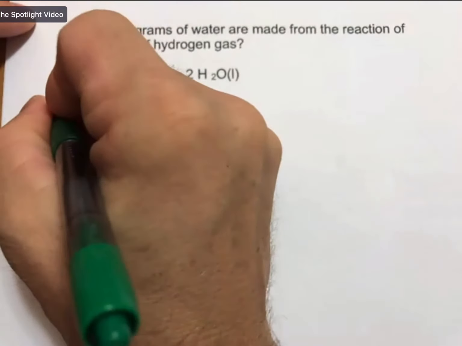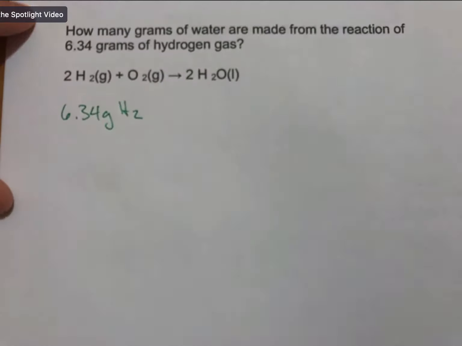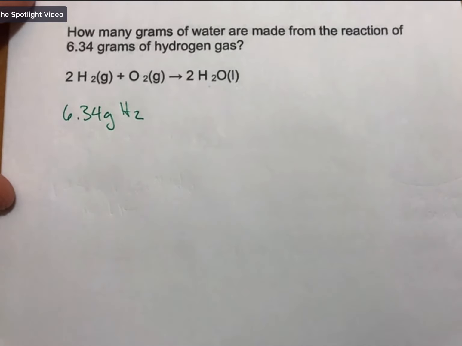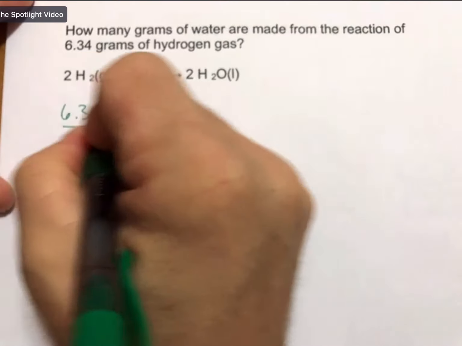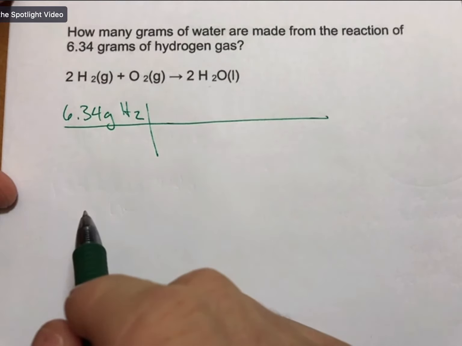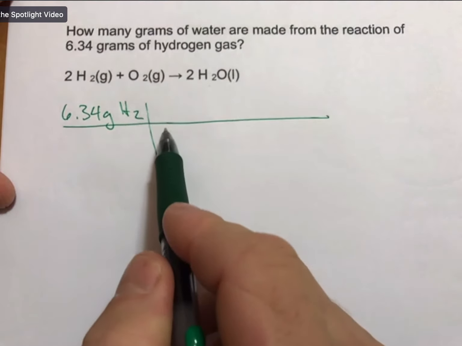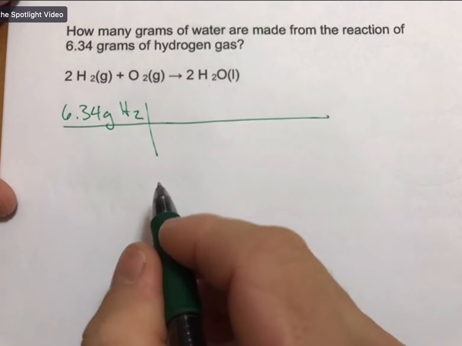All right, so we have 6.34 grams of H2 as our starting point. And our process is going to be to convert our grams of hydrogen into moles of hydrogen using the molar mass.